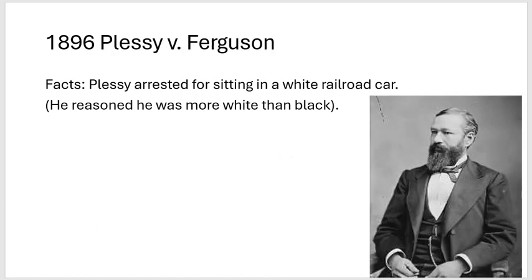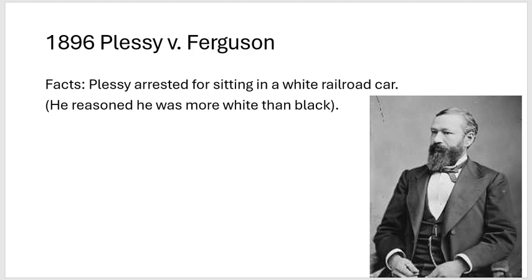Now, here is a picture of Homer Adolph Plessy. And as you can see, he looks like, quote, a white guy. Now, it is a black and white picture, but he looks pretty light-skinned. And he seems to have the characteristics in common with many whites, right? Whatever that means. So that's what he reasoned.